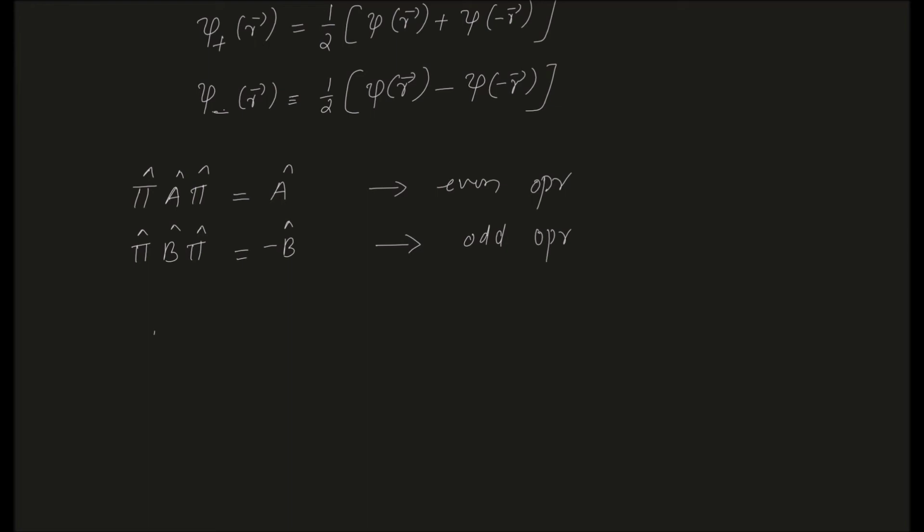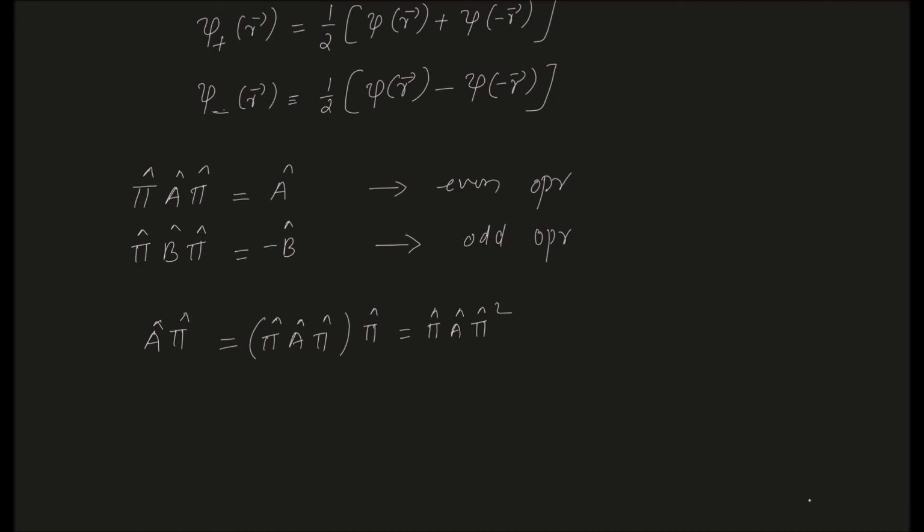So let's consider A pi. Now for even operators, since A is same as pi A pi, we have one more pi, so this is pi A times the parity operator squared on the right-hand side.